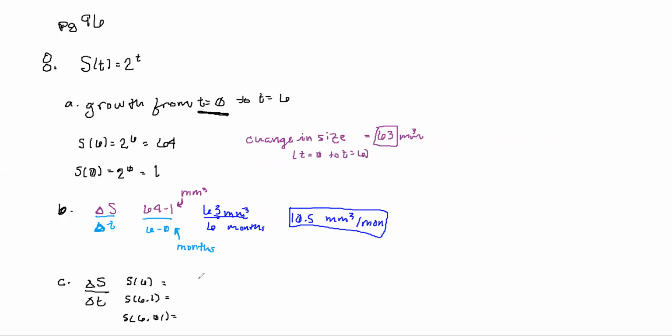So that would be 2 to the 6.1. So 2 to the 6.1 is going to be 68.59. And for 6.01, 64.44.